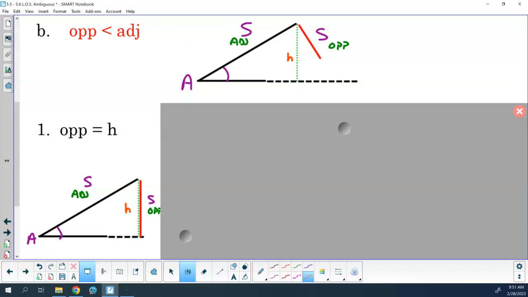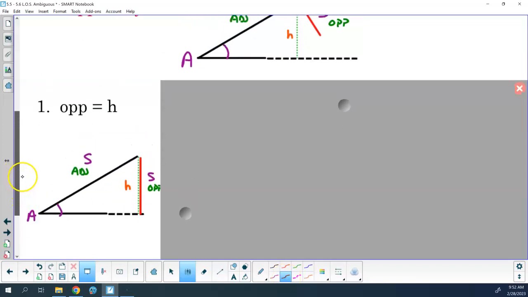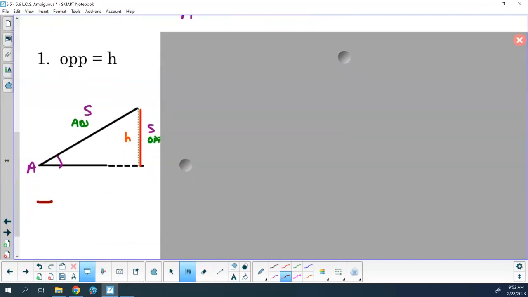Scenario number one says that the opposite side is equal to H. Can happen. And it's nice because then you get one right triangle. And you can use SOHCAHTOA to solve.